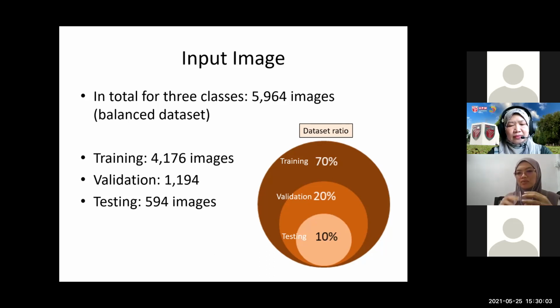But after we apply the image reconstruction, it can achieve 90 plus percent accuracy. So it proves the concept that image reconstruction is good to apply in this study. Hope it answers. Thank you.